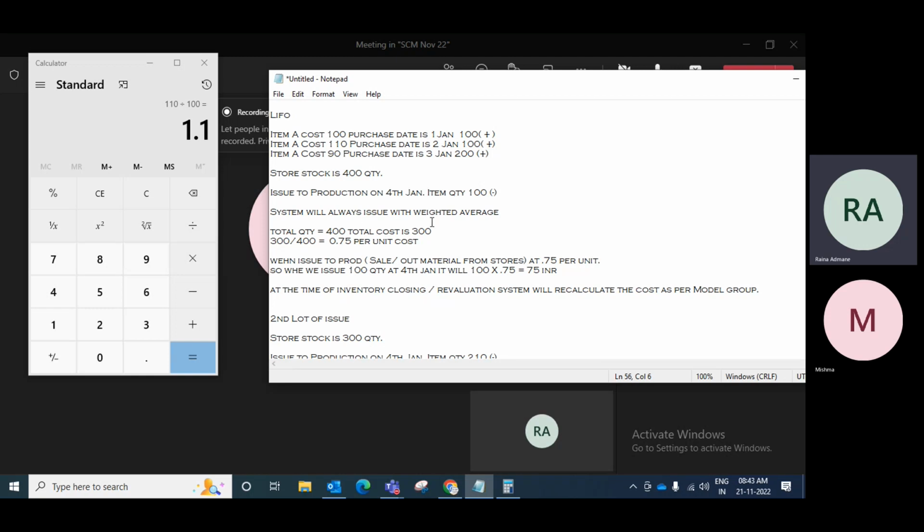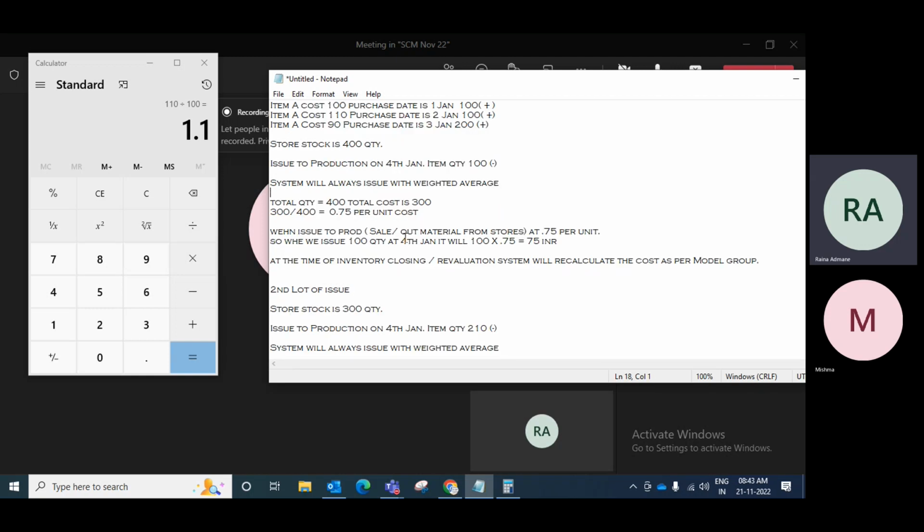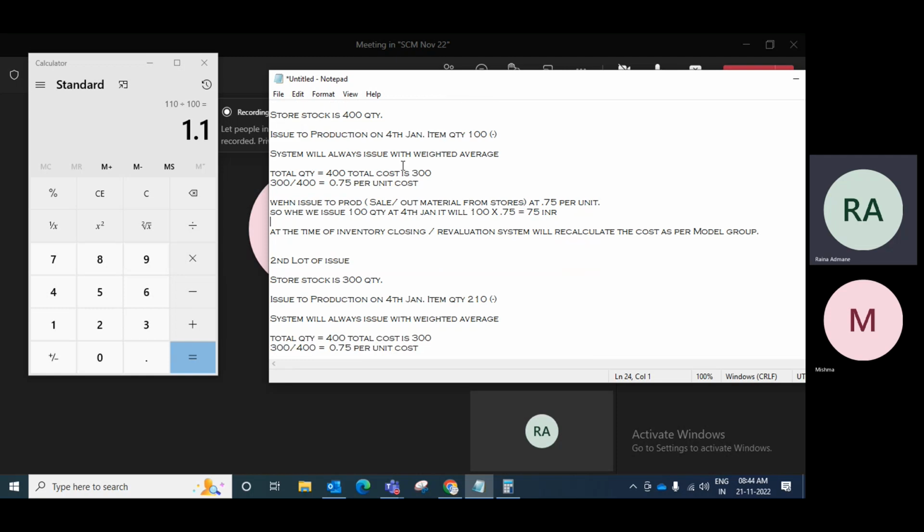But system will always issue with the weighted average. How is weighted average calculated? I told you, total cost divided by total quantity. That will be per unit cost, and as per unit, whatever quantity you are selling or issuing will be calculated like this. Every time when you issue, it will calculate like this, and then it will issue to production.